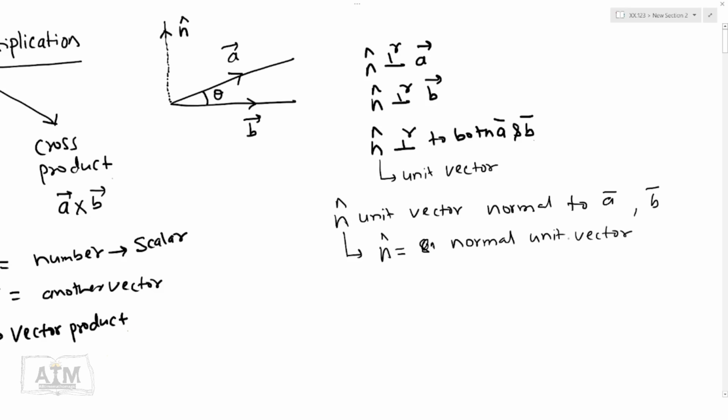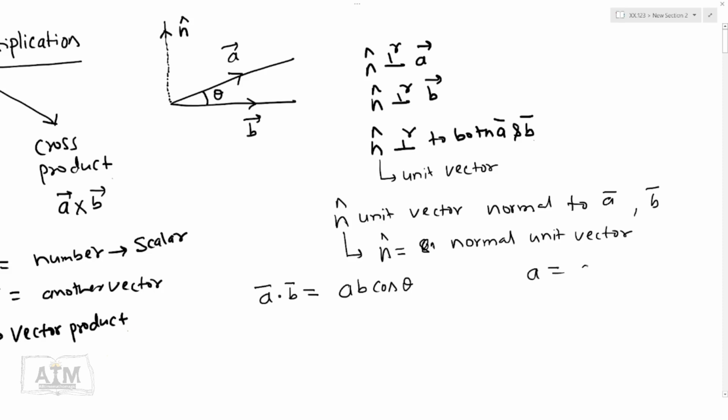Now we want to find a dot b. I already told you that it is merely a number, and any number can be called a scalar. So the a dot b result is a scalar. It has no direction, only magnitude. So a dot b is given by AB cos theta. What is A?